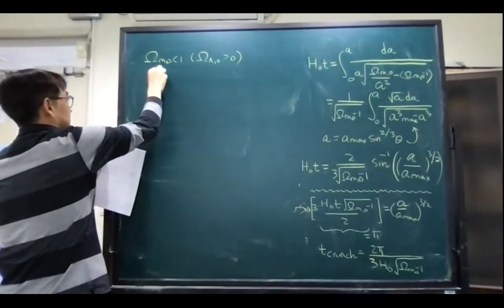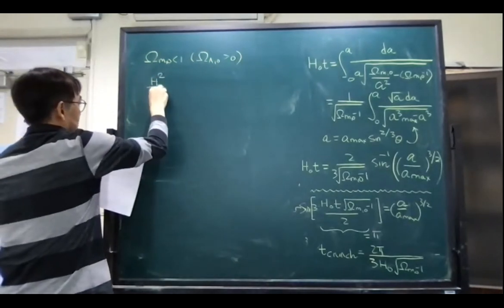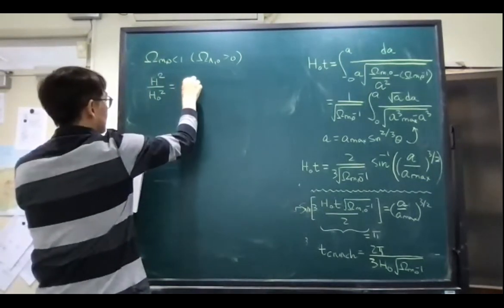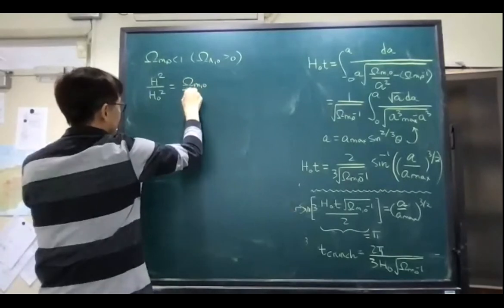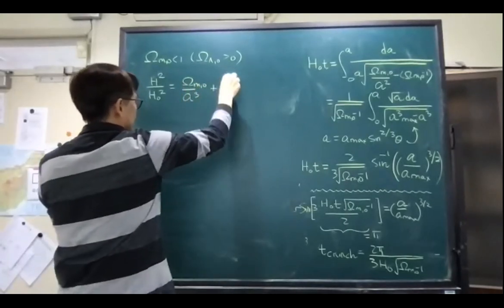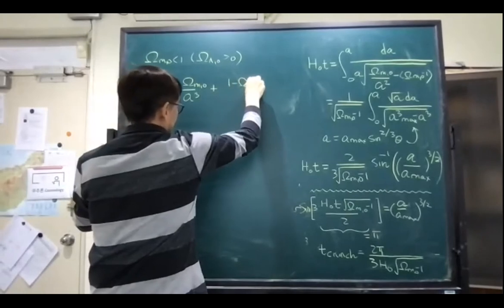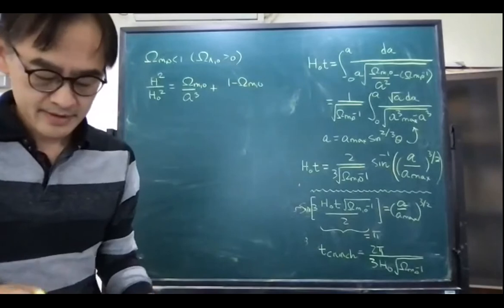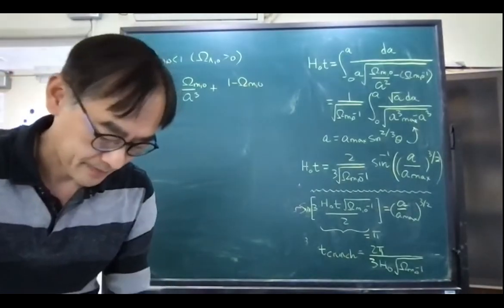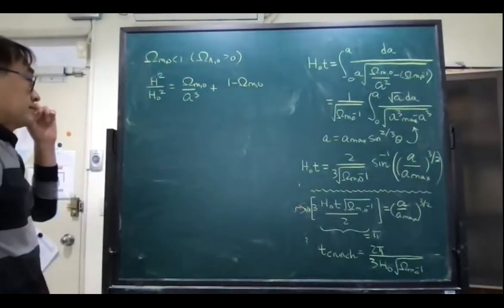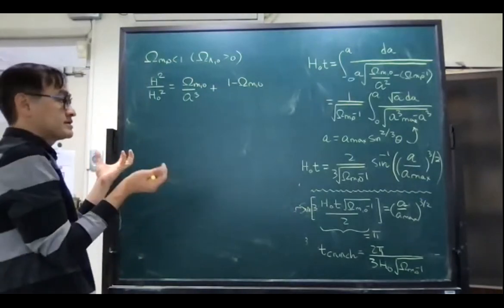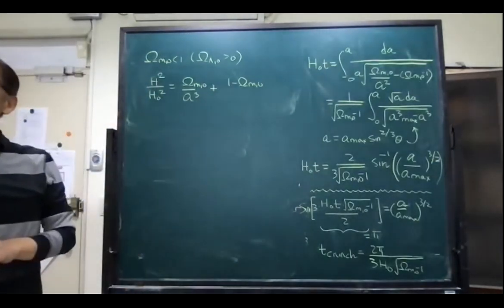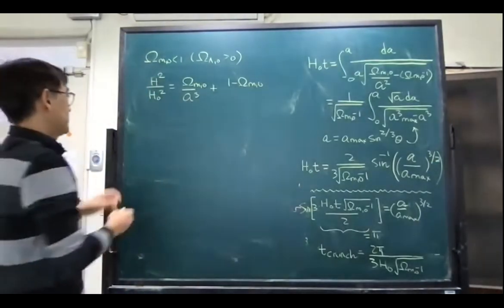Let's rewrite the Friedmann equation: omega m0 over a cubed plus 1 minus omega m0. So at some point, the contribution between these two will be equal to each other.